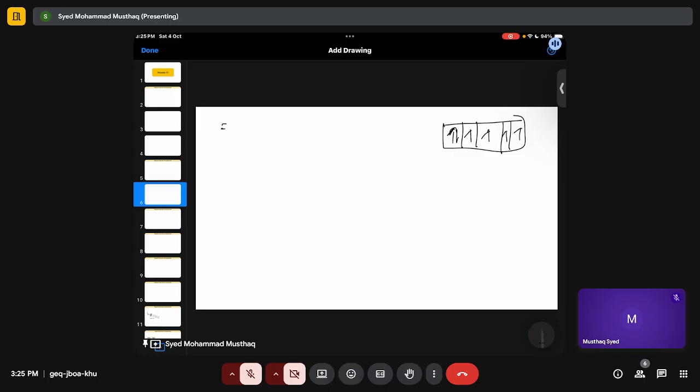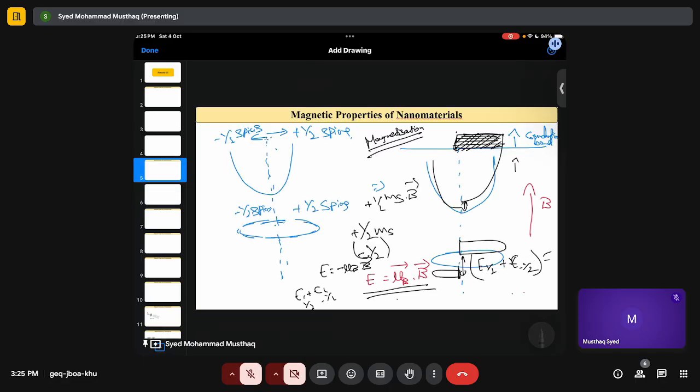So that's why we always say 4 mu B dot B, which is not the case. Because when you actually measure the magnetic moment of iron, it is somewhere like 2.2, not an integer. It is a rational number. And the reason why that rational number comes is because of this.